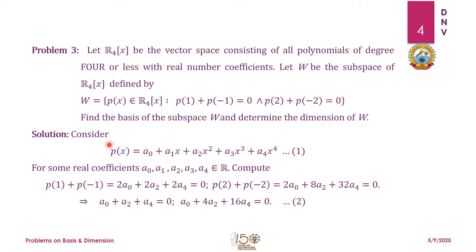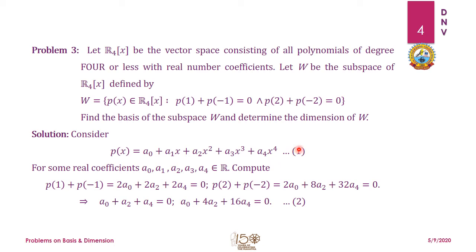So we can start the solution by considering the polynomial of degree 4 written in this particular form: a0 plus a1x plus a2x squared plus a3x cubed plus a4x to the power 4. The subscripts on a are the coefficients of the powers of x. The power of x in this is 0, so x to the 0, x to the 1, x to the 2, x to the 3, and x to the 4.